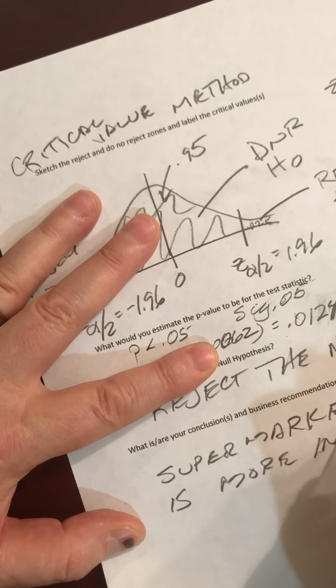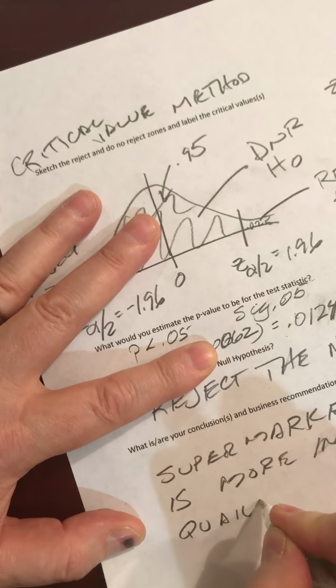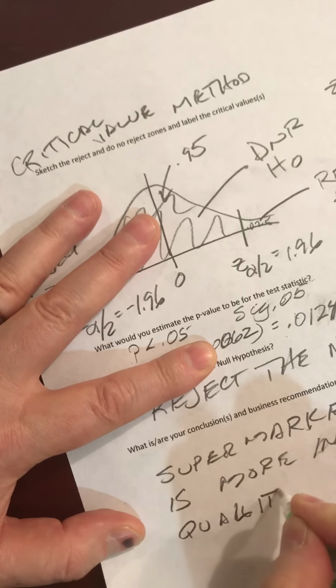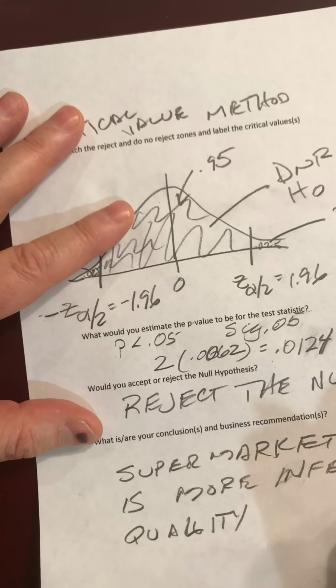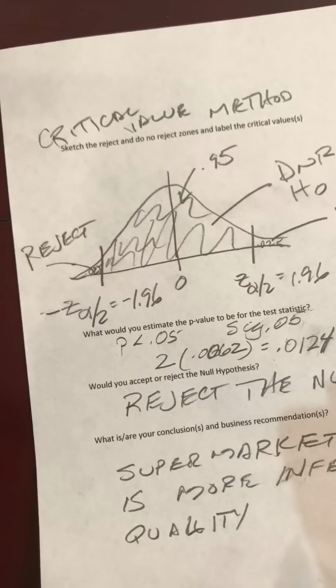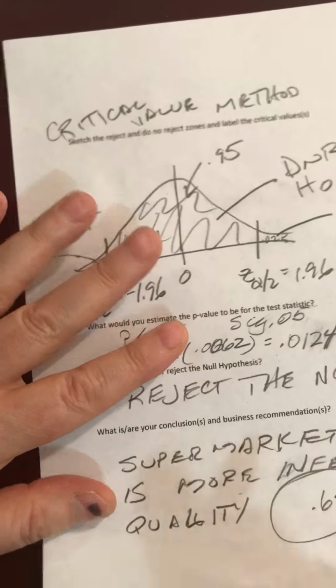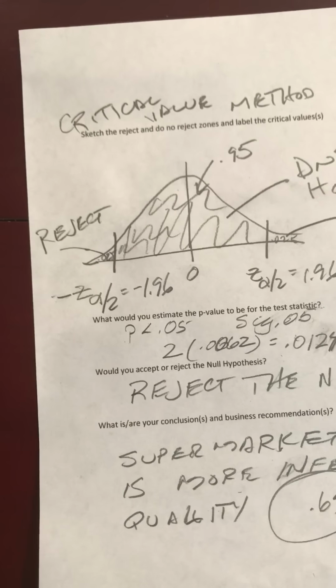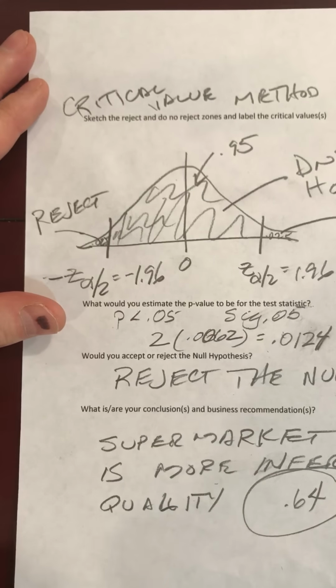More inferior for quality compared to the national brand and the normal target value of 0.64 that we had originally. And this is 0.52, so Heinz is actually doing better. What's really going on here is that, as with anything else in marketing, it has a lot to do with brand awareness and perceived quality.